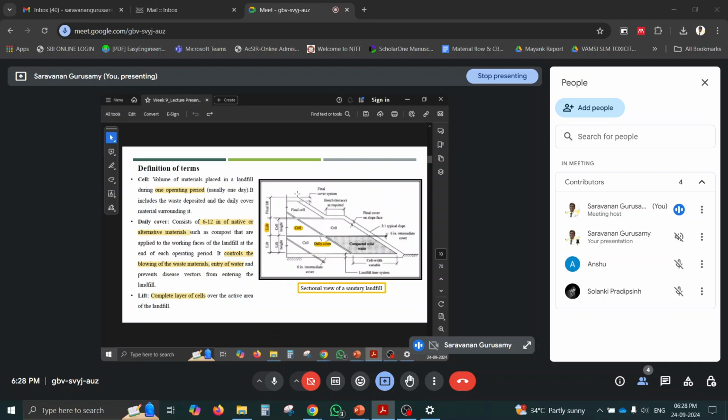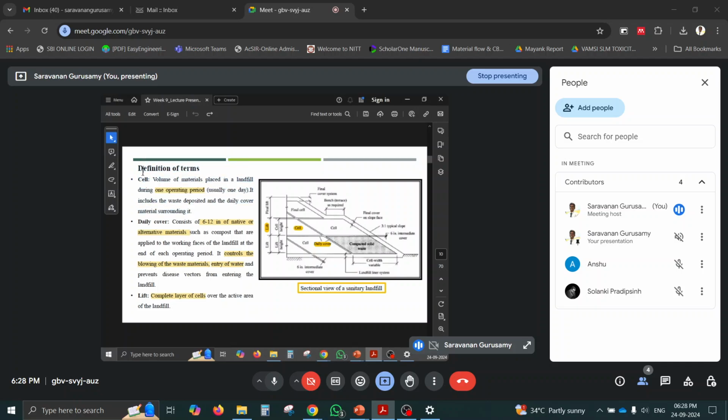Okay, and we have to maintain a proper slope because we are going to construct this landfill up to a height of 20 meters. So it should not slide. Landslides may also happen in landfills. You have seen the Wayanad landslides we had last month, and we lost lots of people in that Wayanad landslide.